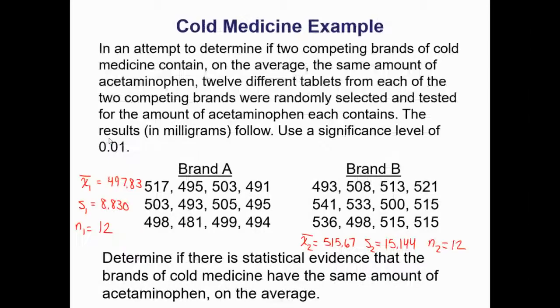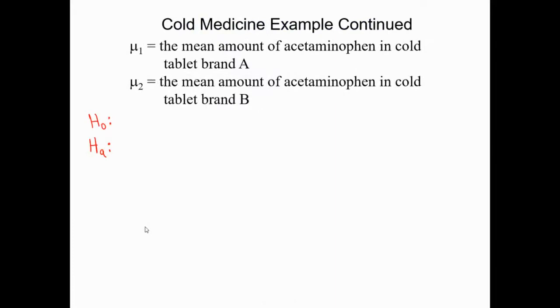Alternative? It's at the beginning, at the top of page 6. It says to determine if there is statistical evidence that the branded medicines have the same amount. Oh, so no, that's equal. They give you the null. I was reading the wrong spot. So actually, it's right here.